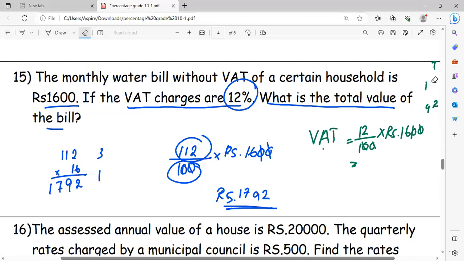Sorry. 16 multiplied by 12 gives 192. Then 192 is added to 1,600.